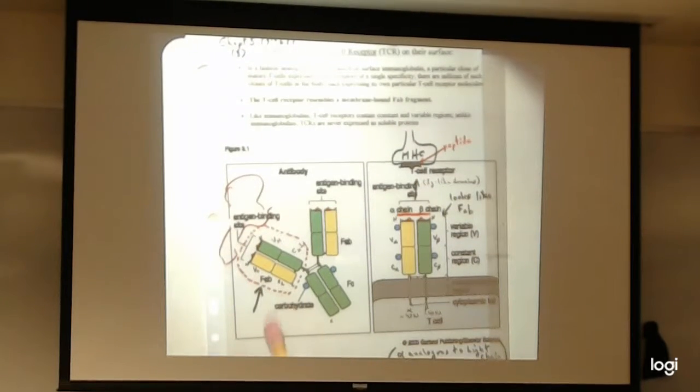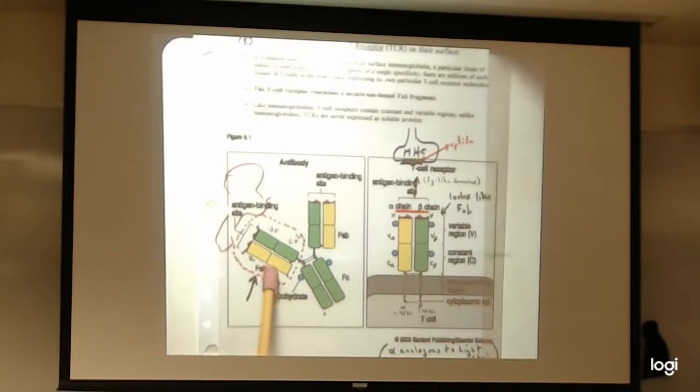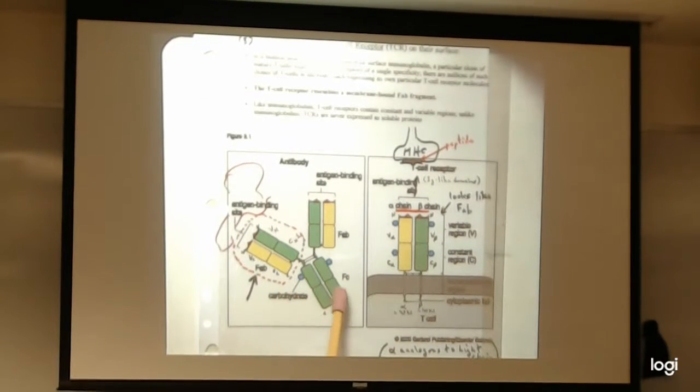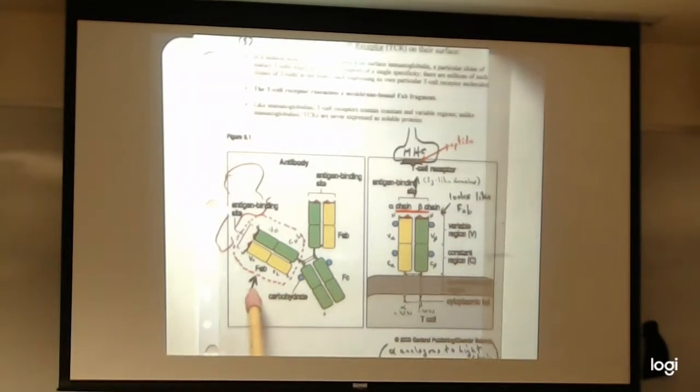You remember we said that the T cell receptor is evolutionarily related to one of the antibody domains, or the FAB fragments, one of the arms of an immunoglobulin molecule.